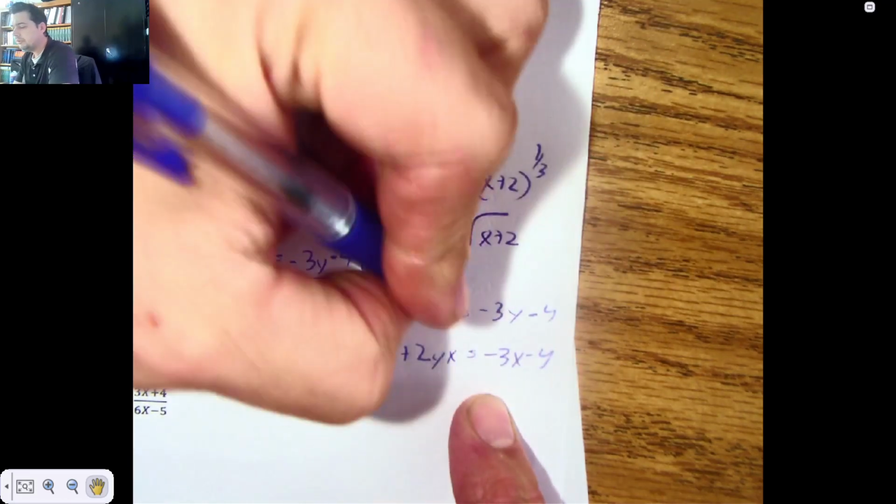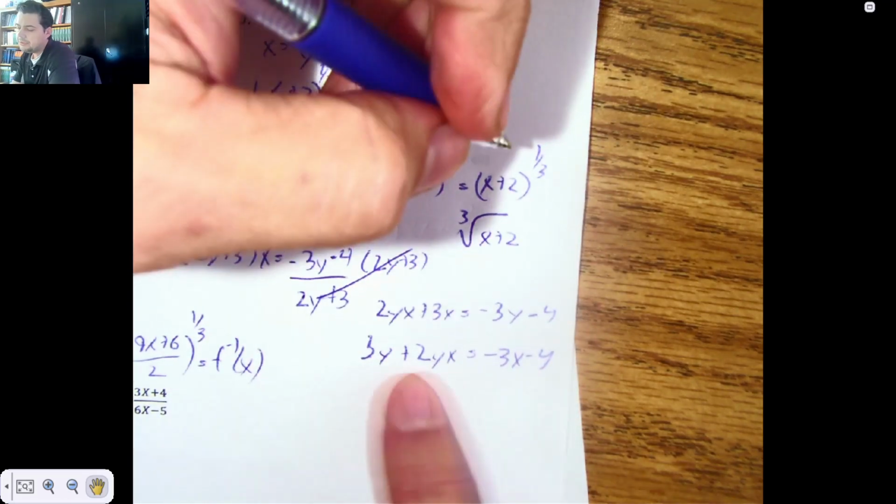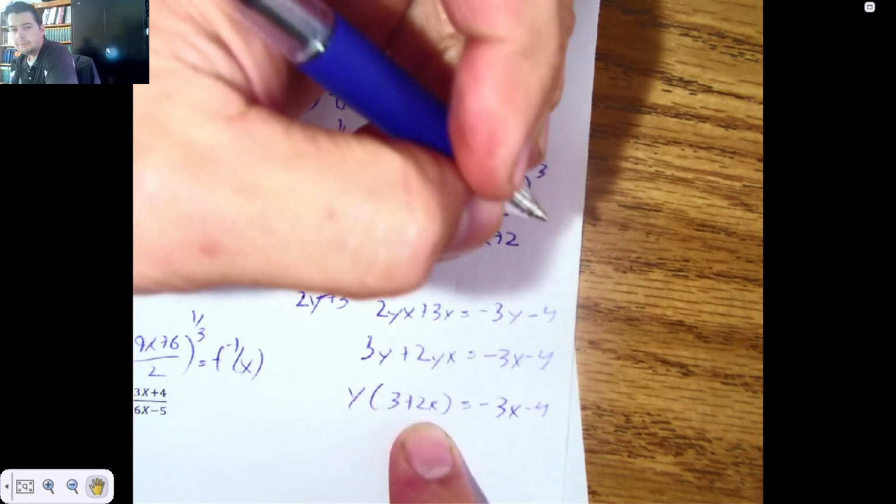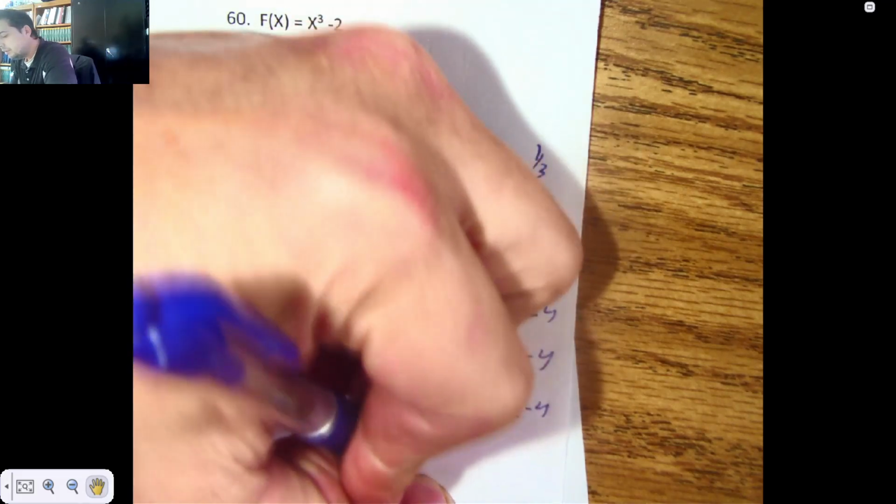So I'm going to jump that 3x over the other side. I notice both pieces have a y. I can divide by 3 plus 2x. So the inverse is going to be negative 3x minus 4 over 2x plus 3.